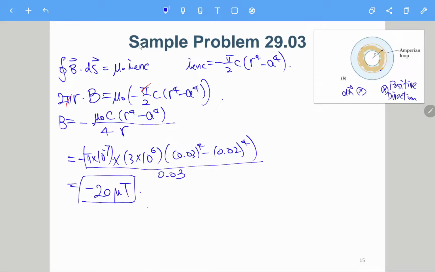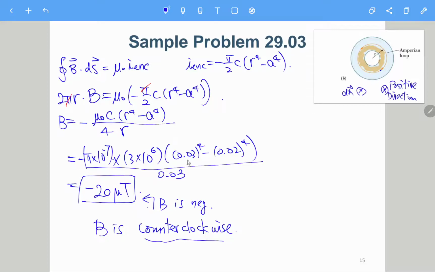So as we defined this as the loop direction, and we find that B is a negative value, B is counterclockwise. The loop is defined clockwise.